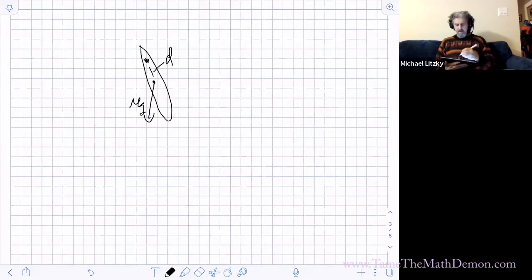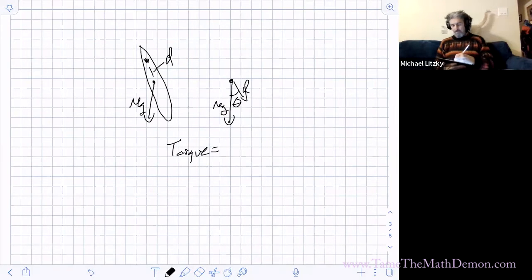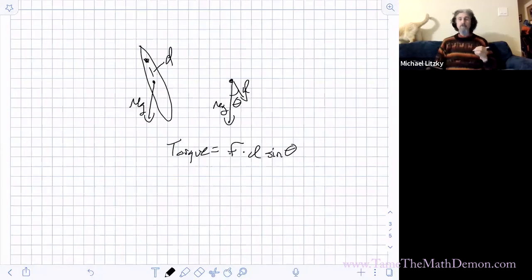So if I put the mg vector and the d vector tail to tail, then the angle between them is theta, and the torque of the rod, or whatever it is that's being pivoted, is the force times the distance times the sine of the angle between them, the smallest angle between them.